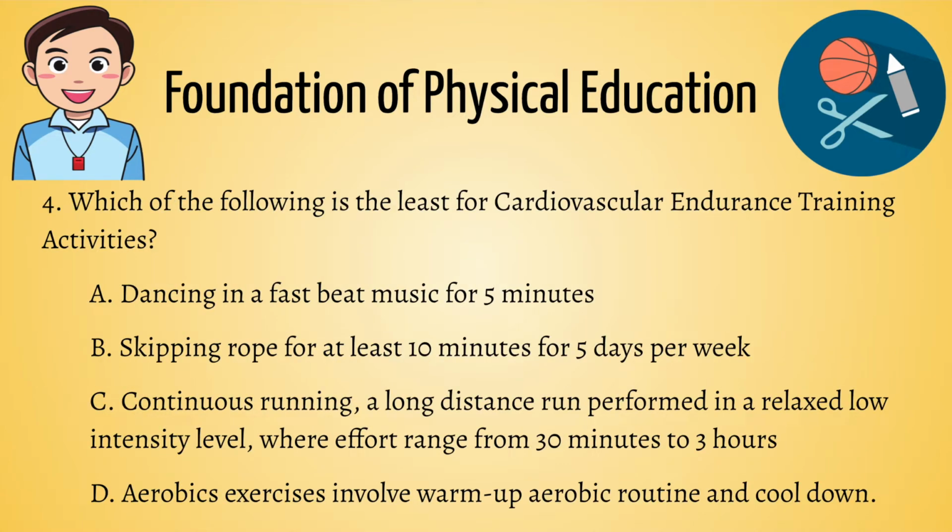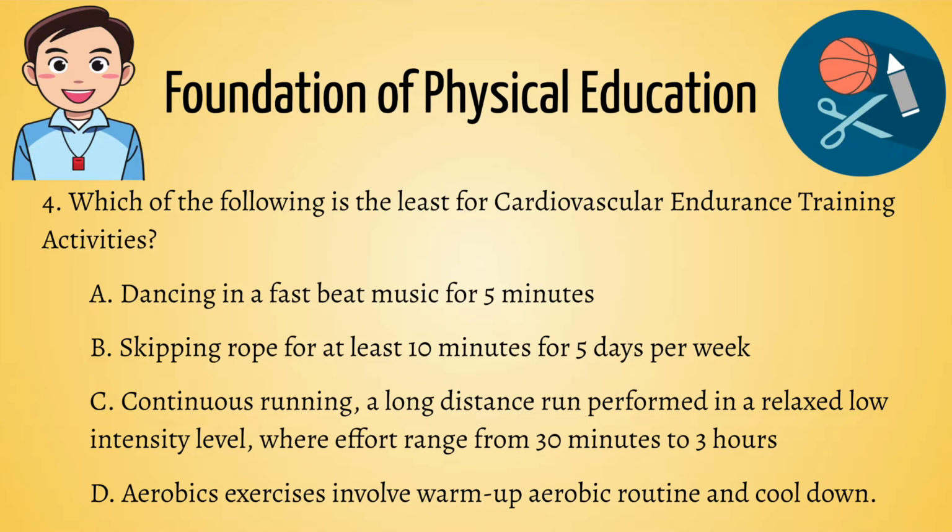Which of the following is the least for cardiovascular endurance training activities? A. Dancing in a fast beat music for 5 minutes. B. Skipping rope for at least 10 minutes, 5 days per week.